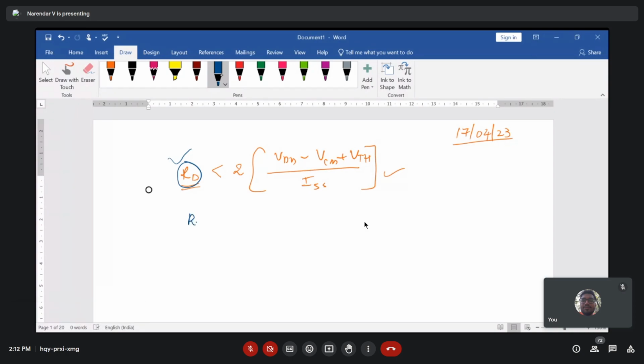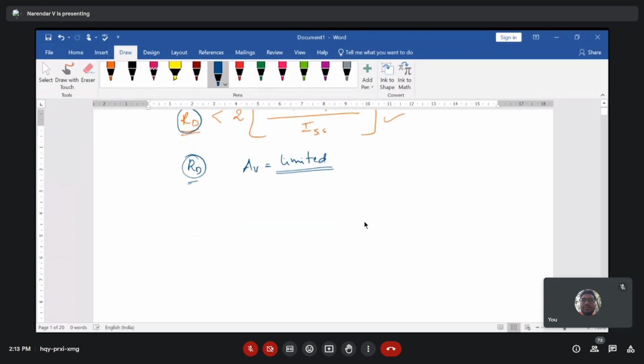And as you notice from the gain formula, your gain is limited by RD, because AV equals minus GM times RD. So if RD is limited, your AV is limited. This is one of the limitations of the differential amplifier.